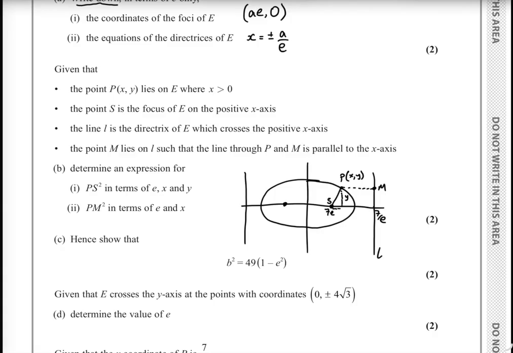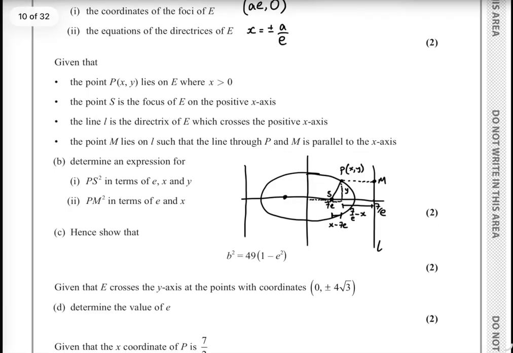This distance here is not x, because this is x all the way from there, so this little distance is x minus 7e, just because I've drawn the P to the right of S. This distance here is 7 over e minus x. So PM squared is very easy. We can just square 7 over e minus x, and that gives us PM squared.